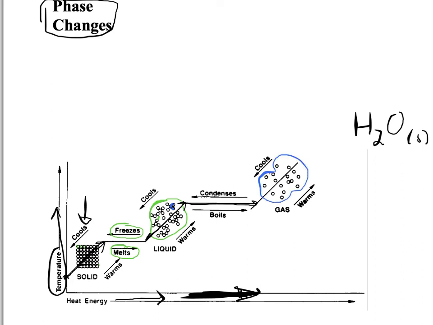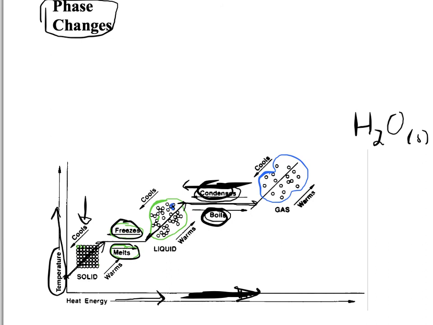When we turn a liquid into a gas, that's called evaporation or boiling. And if we turn a gas back down into a liquid, that's called condensation. So you need to know those four terms: condensation, evaporation or boiling, freezing, and melting.